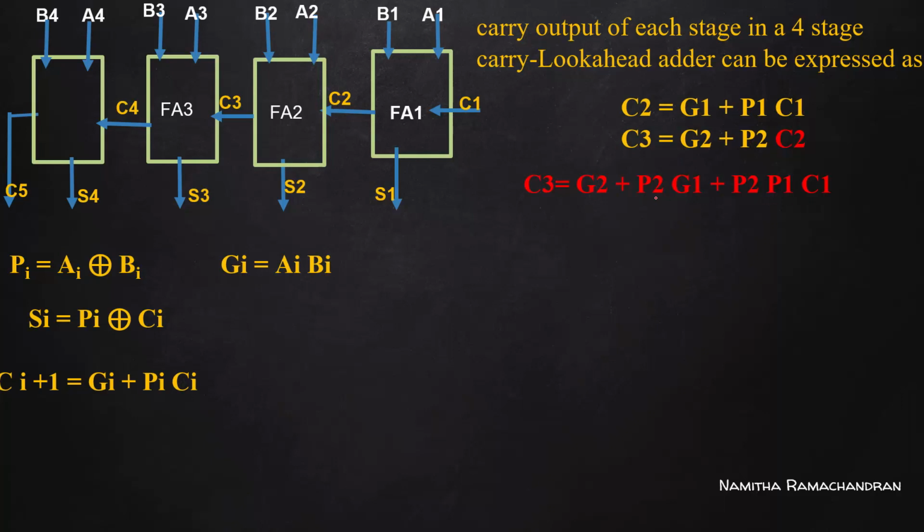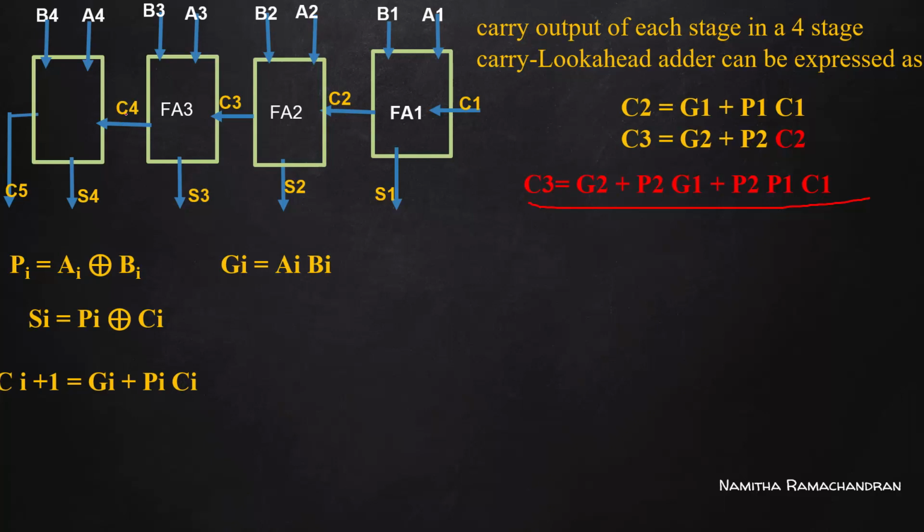While distributing, this becomes G2 plus P2 G1 plus P2 P1 C1. From this expression it is clear C3 is expressed completely using our instant inputs. So it completely eliminates our carry propagation time.